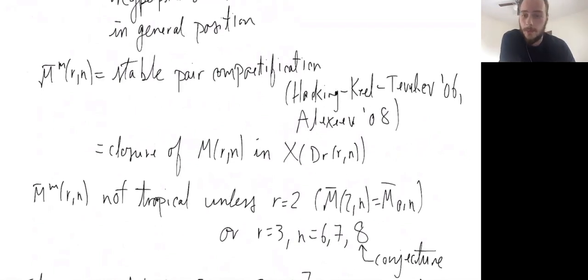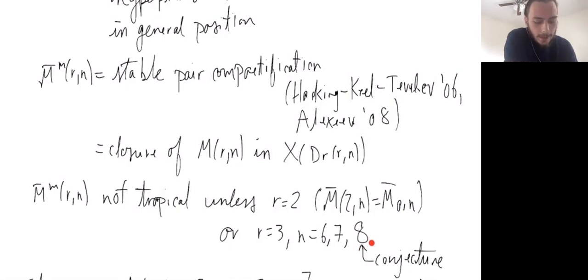It's really only tropical in these special cases that I've written here, when r is 2 or when r is 3, and when n is less than or equal to 7, or conjecturally less than or equal to 8.